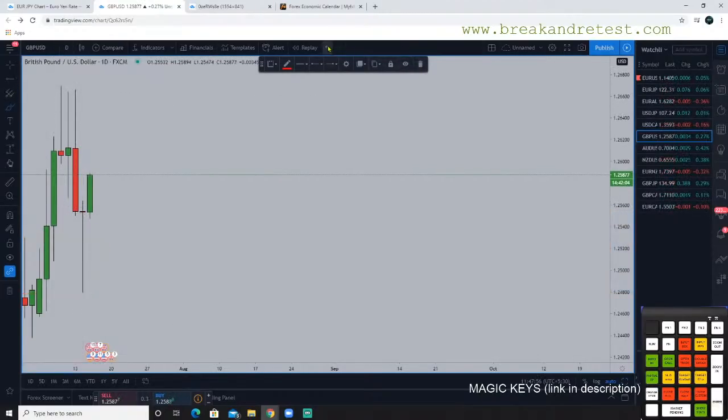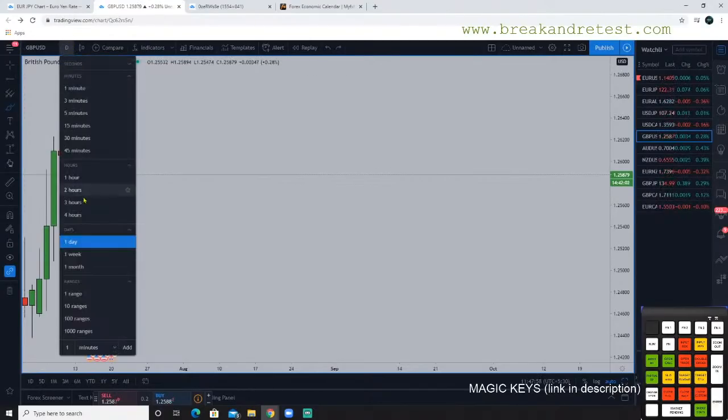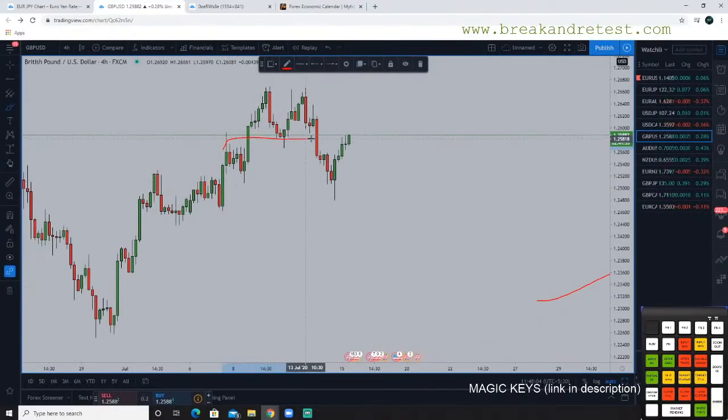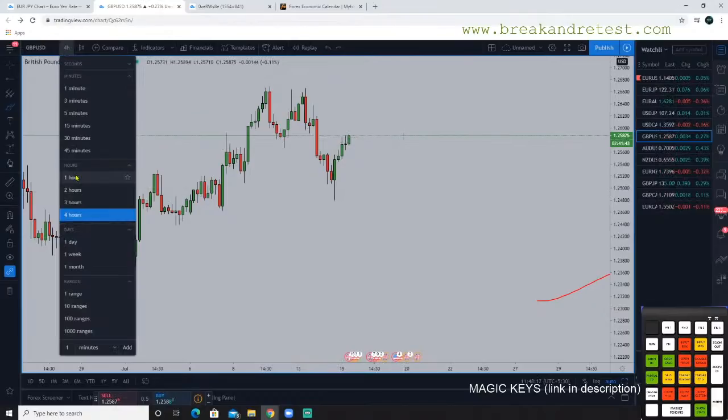I think daily is not telling us that much, so we go on the 4 hour. 4 hour is currently at this resistance. What we can do is wait for a break above. Let's see.